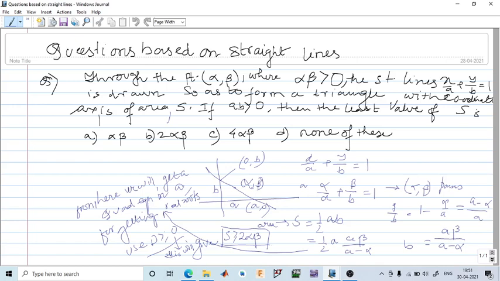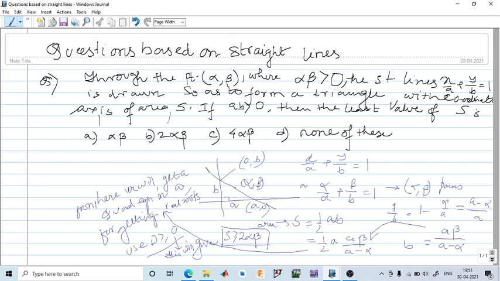From the right angle triangle concept, you can say that the area is half base into altitude, that is half a times b. Instead of b, we should write the expression we found. When you write this, you will get a quadratic equation.